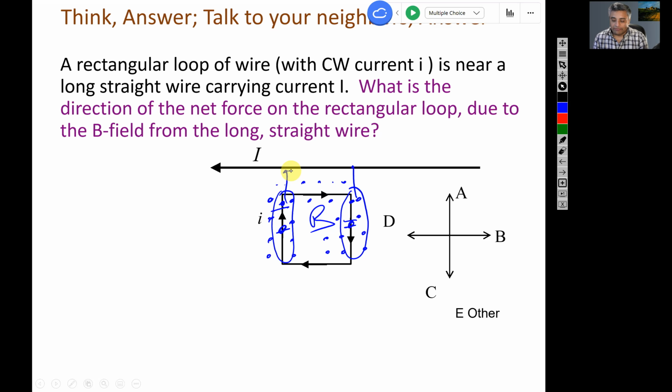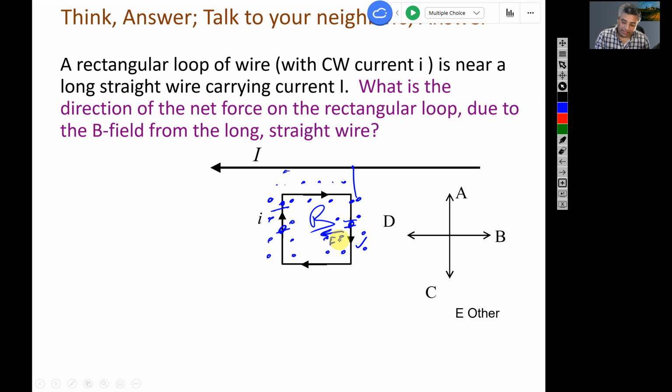And how about force then? So current is flowing down here. Current is going down and the magnetic field is coming up. So am I getting force in that direction here? And over here, what's happening?